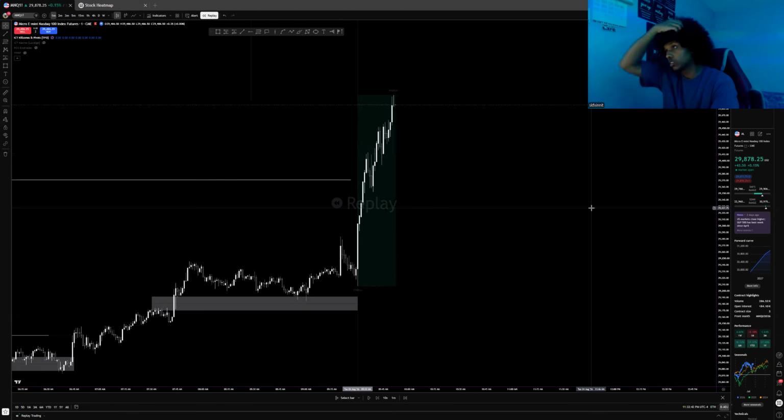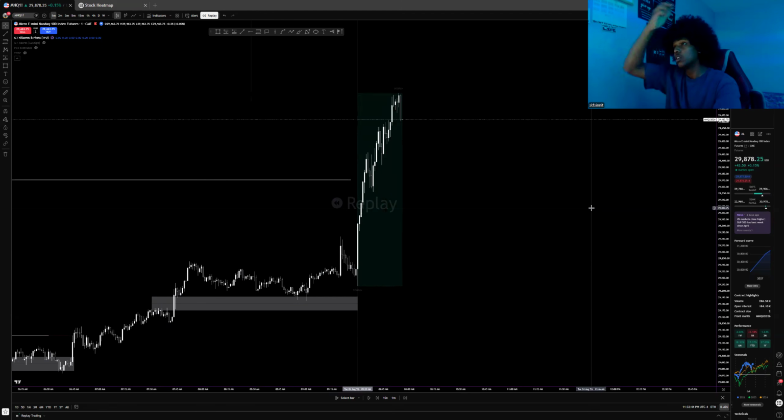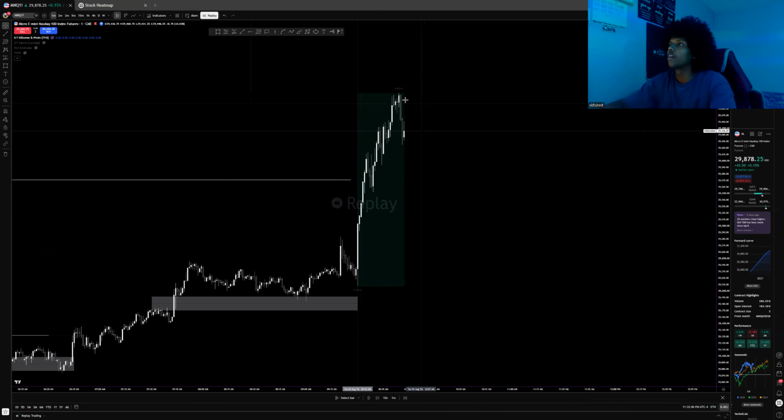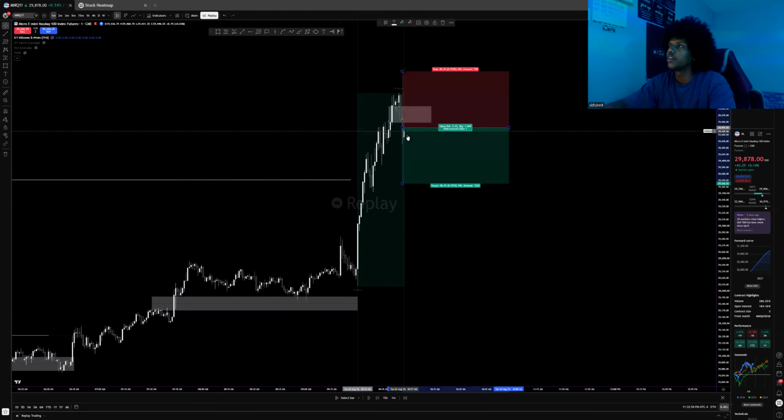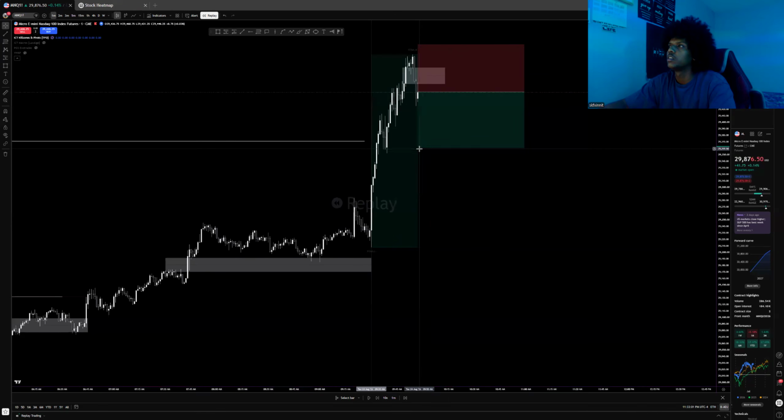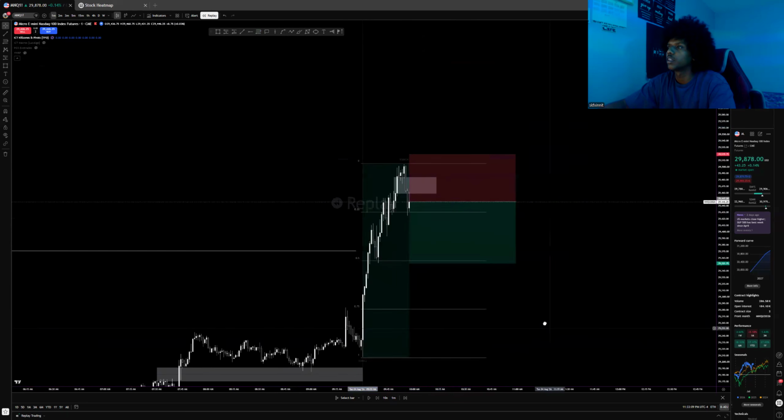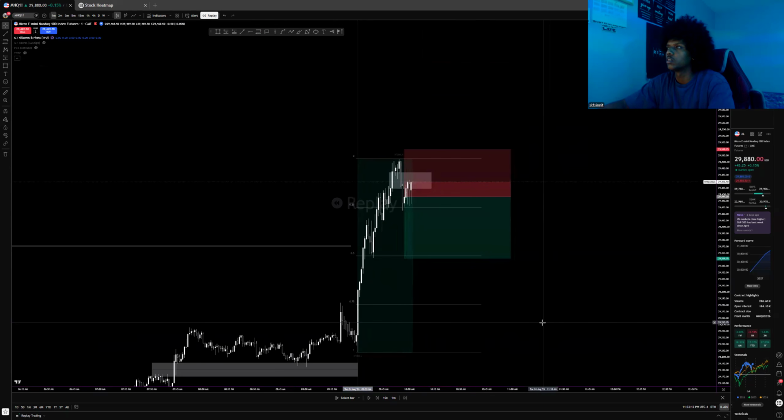Yep, there it is. So entry is going to be right here. Stops are there. Target is probably exactly what I'm trying to get.